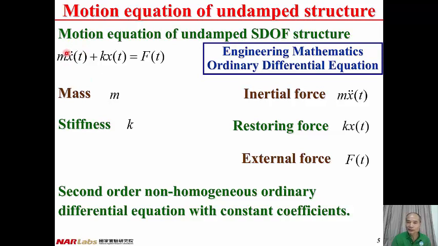The first term is inertial force, m x double dot. The second term is restoring force, kx(t). And the term on the right-hand side of the equation is external force, F(t). Therefore, the motion equation can be considered as the dynamic equilibrium equation of a single degree of freedom structure.